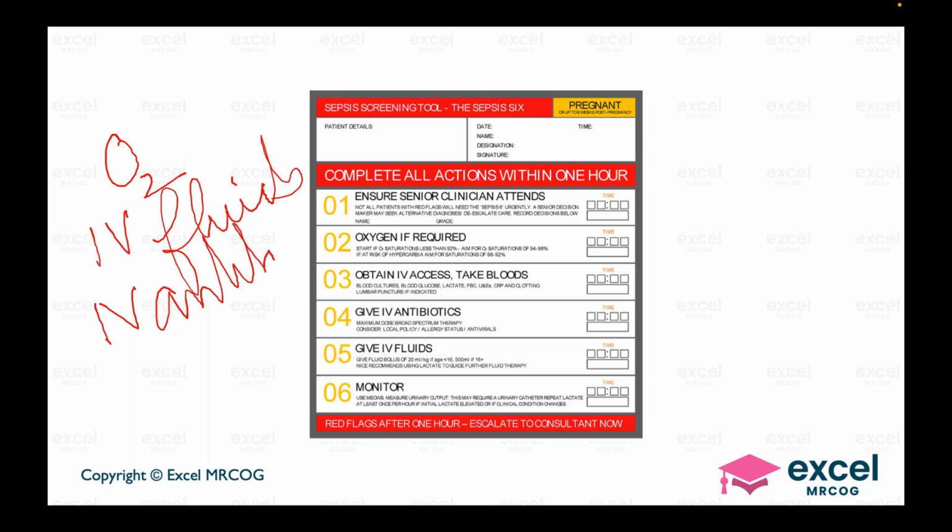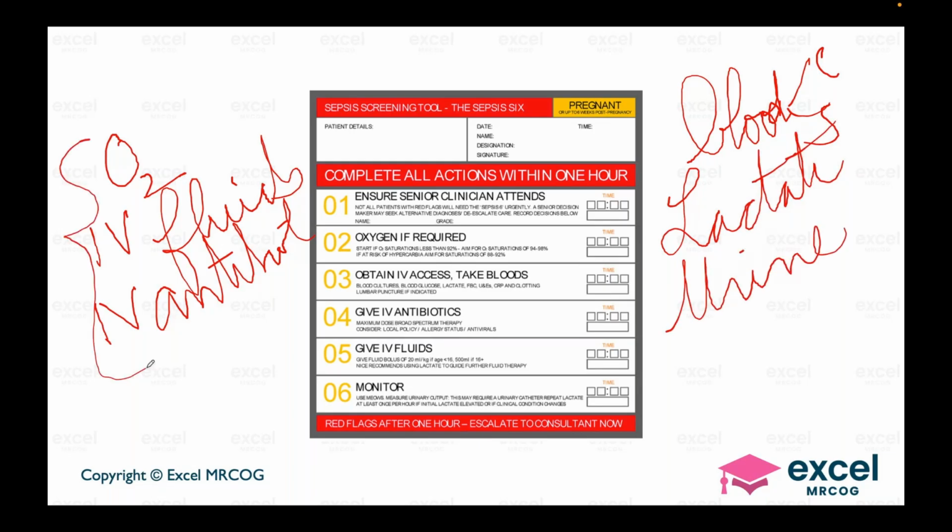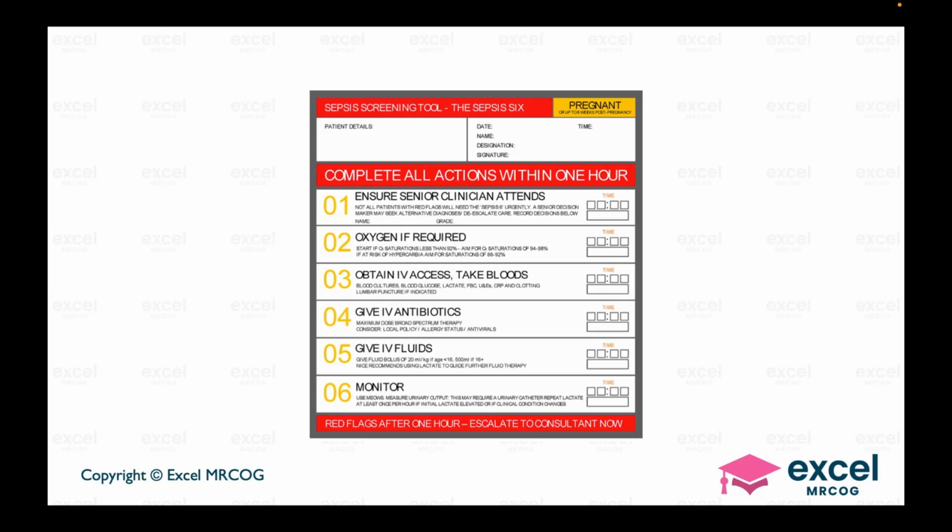What we draw or take from the patient is your blood culture, your lactate, and catheterize and measure urine output. So there are 3 things given, 3 things out. Okay, so at least this way you can remember the various components of sepsis 6. And remember, senior clinician has to attend. Okay.